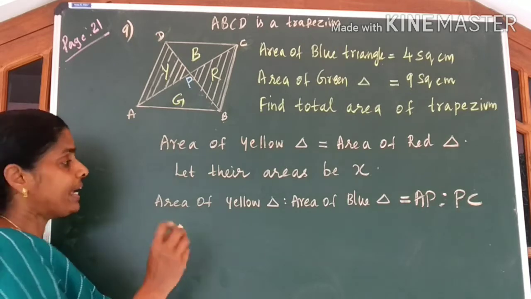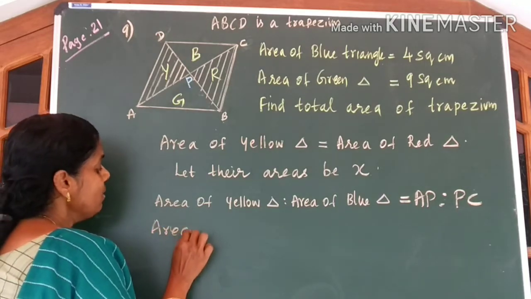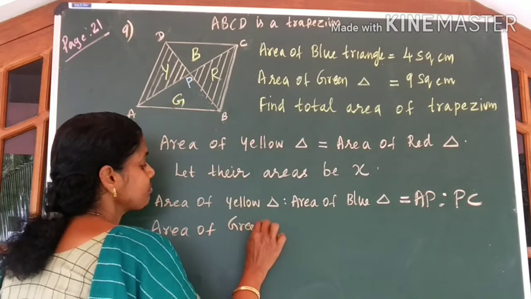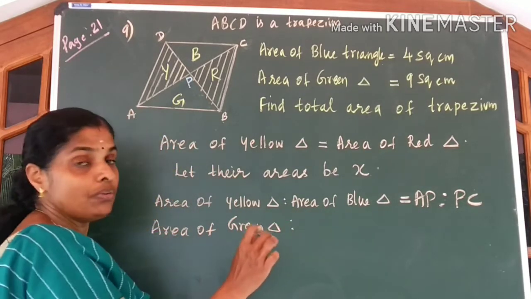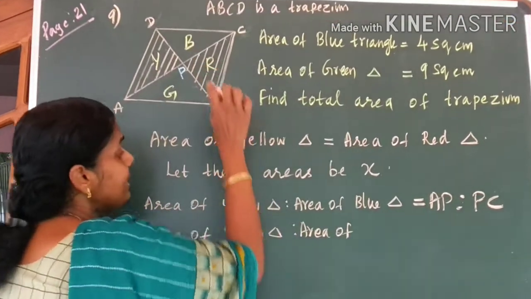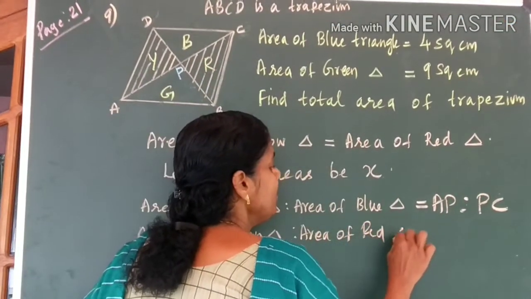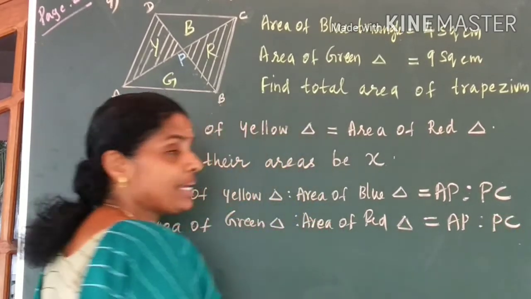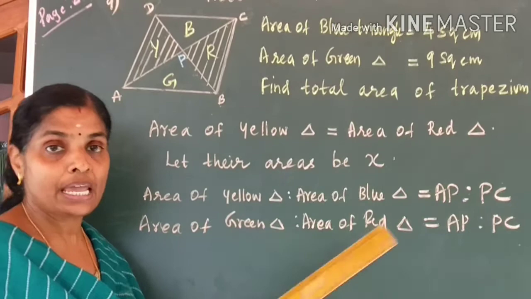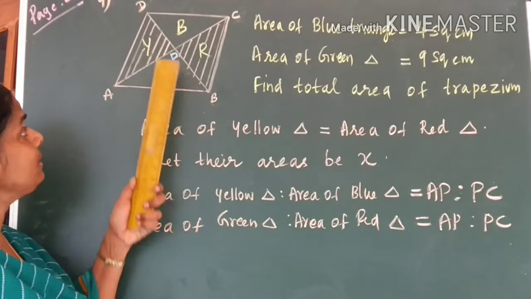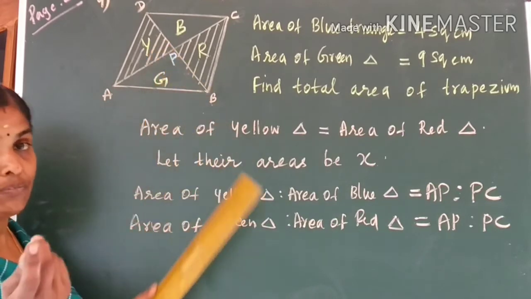Same way we can write area of green triangle is to area of red triangle to be also equal to AP is to PC, using our same idea. Now what is area of yellow triangle? Yellow triangle's area we don't know.